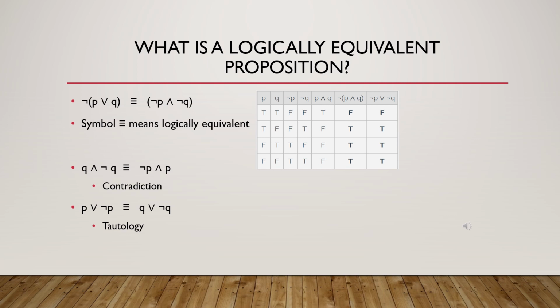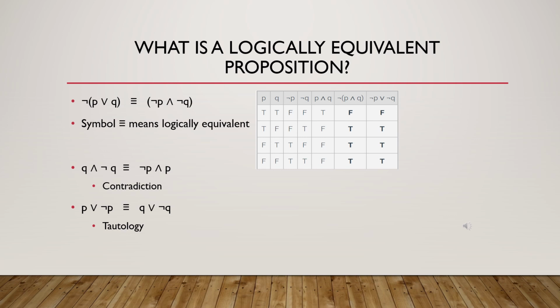A common example of logical equivalence in discrete math is contradiction. So one example of this is Q and not Q is logically equivalent to not P and P, meaning that whatever values you put in for P and Q, it will always be false.